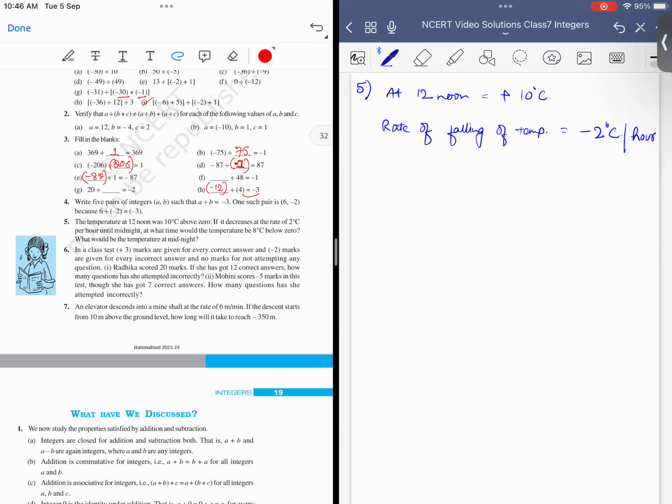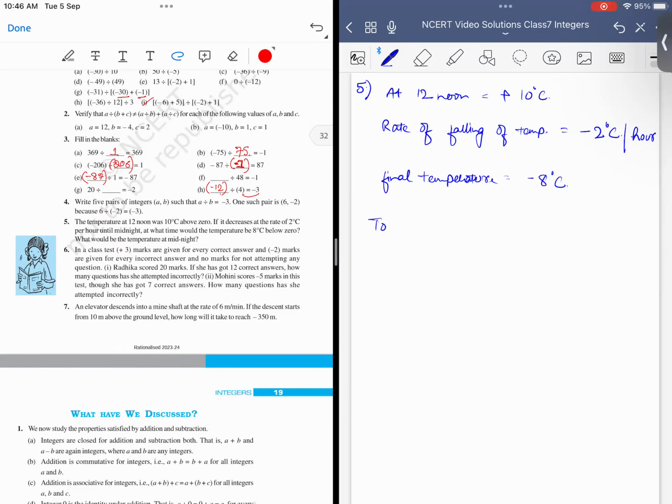And so at what time would the temperature be 8 degrees below zero? So we need to find, so final temperature, let's say final temperature, it is saying minus 8 degrees Celsius. So what is the total fall in the temperature from 10?